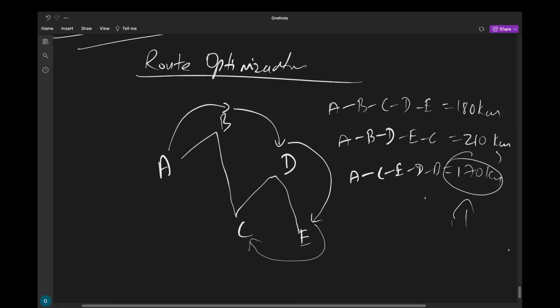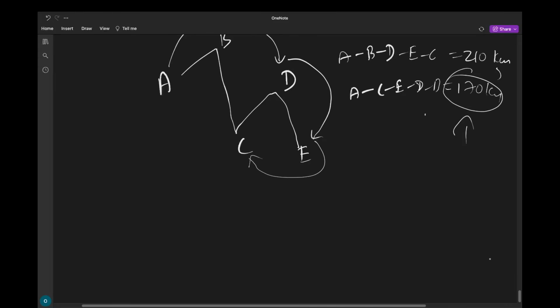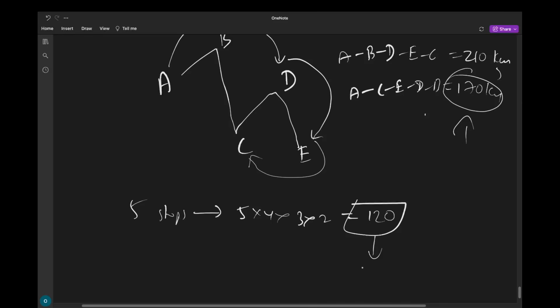So we have 5 stops. So with 5 stops, we have 5 into 4 into 3 into 2, that means 120 possible routes. Okay, and with 10 stops, it will become 3.6 million possible routes.